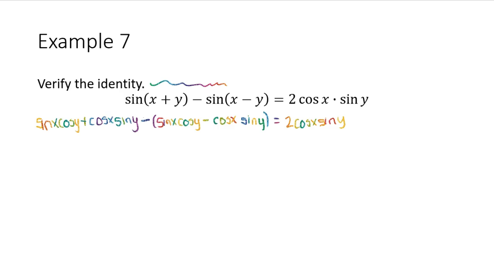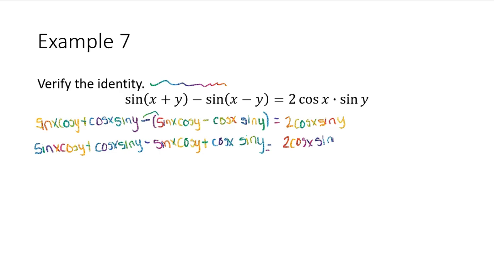All right, let's distribute this negative into the parentheses. We have the sine of x times the cosine of y plus the cosine of x times the sine of y minus the sine of x times the cosine of y plus the cosine of x times the sine of y, and we want this to be equal to 2 times the cosine of x times the sine of y.